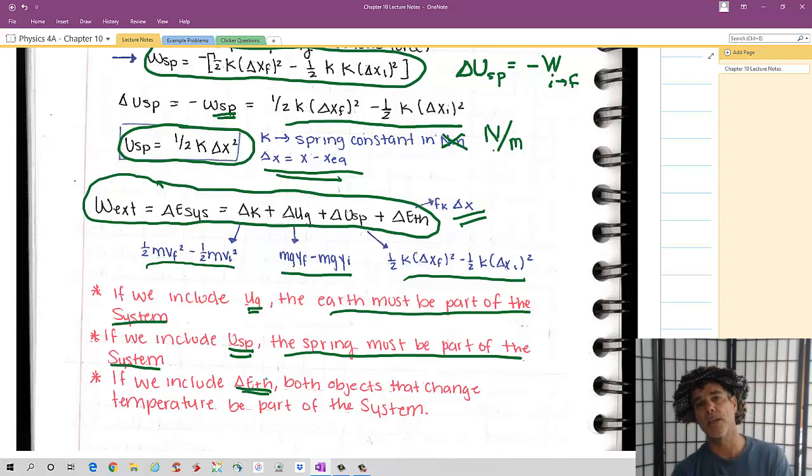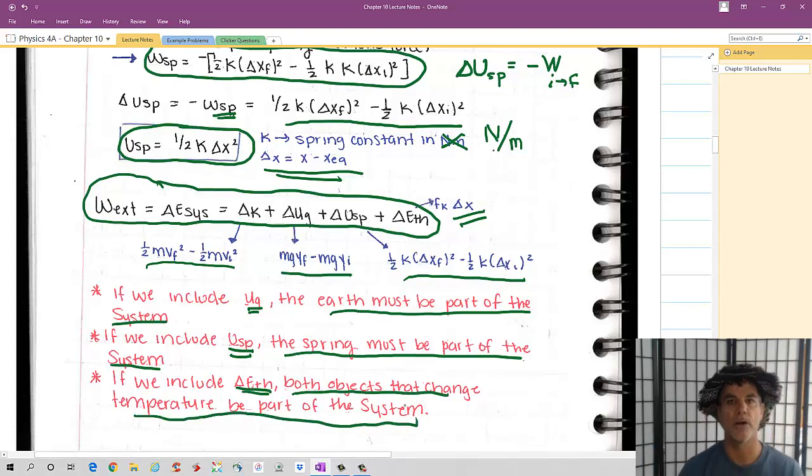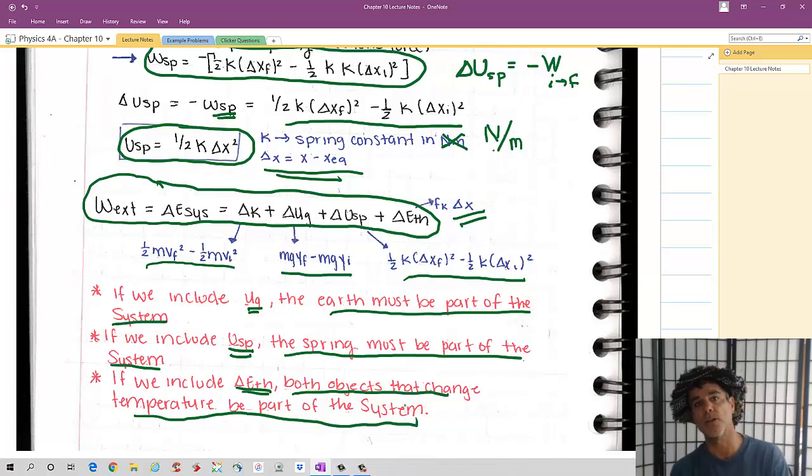The object is going to heat up. The surface is going to heat up. I have to include all objects that change temperature as part of my system. So if you're including gravitational potential energy, the Earth has to be part of your system. If you're including elastic potential energy, the spring has to be part of the system. And if you're including thermal energy, all objects that heat up have to be part of the system.